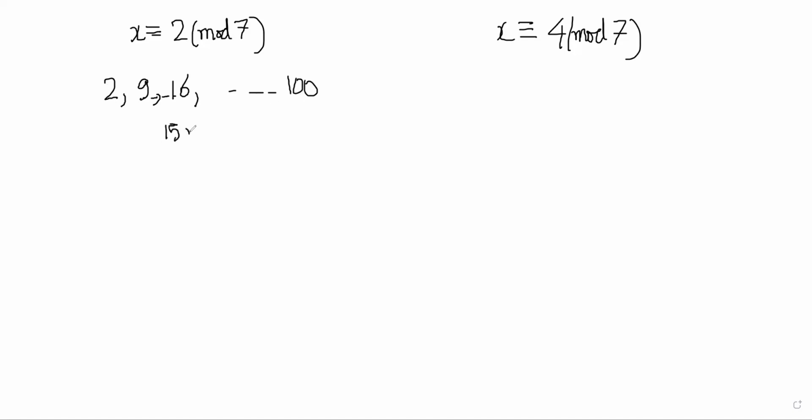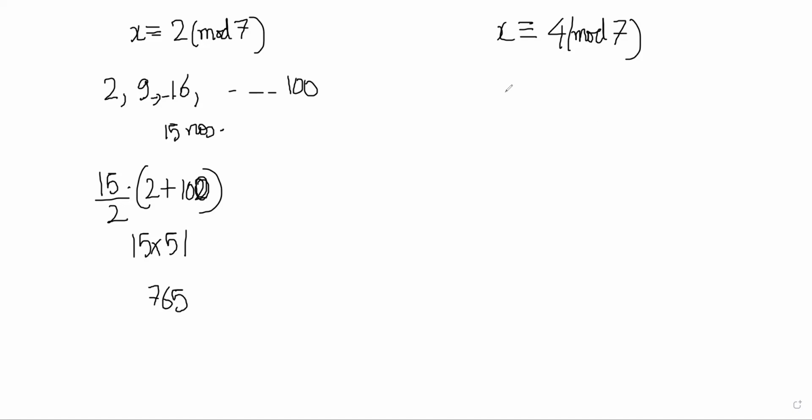So there are 15 numbers here. The sum of these numbers will be n by 2 into first term plus last term, 15 by 2, because this is an AP with common difference 7, right? So first term plus last term becomes 102. So 15 into 51 comes here. So that becomes basically 765.